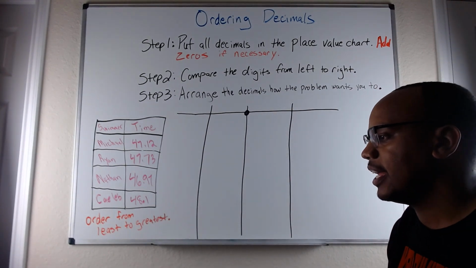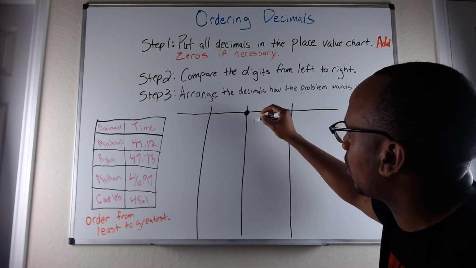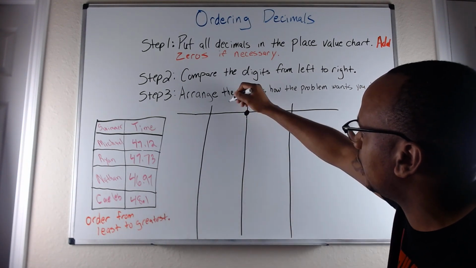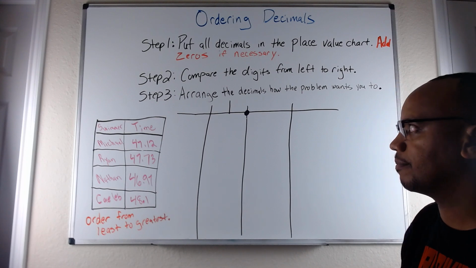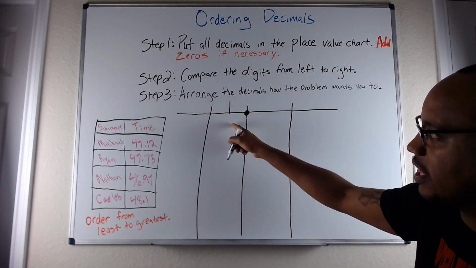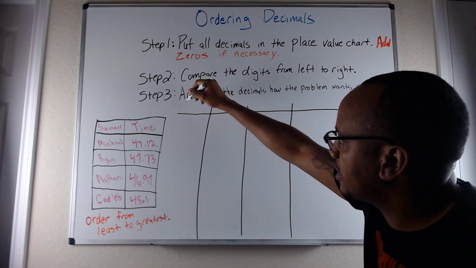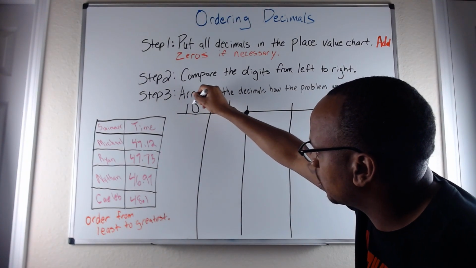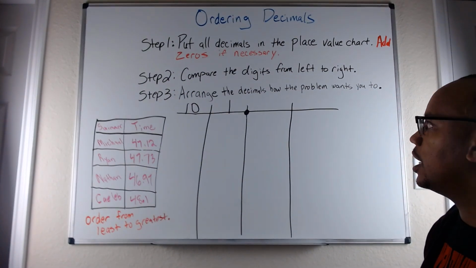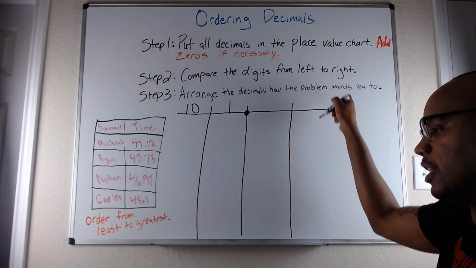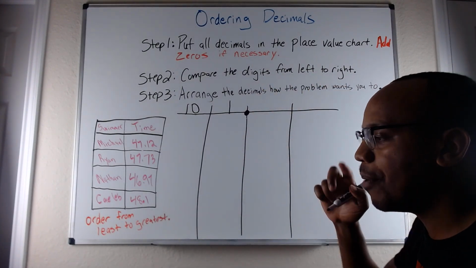Now, the place value spot right in front of the decimal point to the left, that's the 1 whole spot. If I know anything about base 10, the next spot is 10 wholes. Now, on the other side of the decimal point, I have parts.